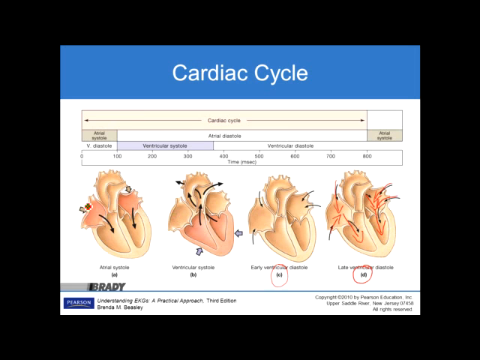It isn't until the atria contract and superfill or stretch the ventricles. Now, how this occurs is this is where these AV valves come into play, right here and here.